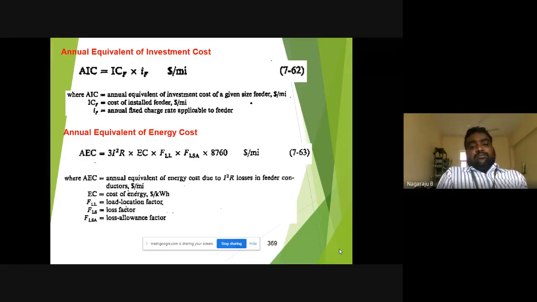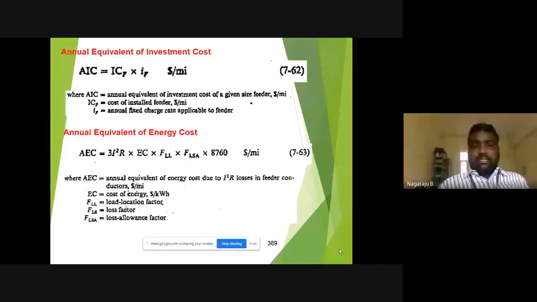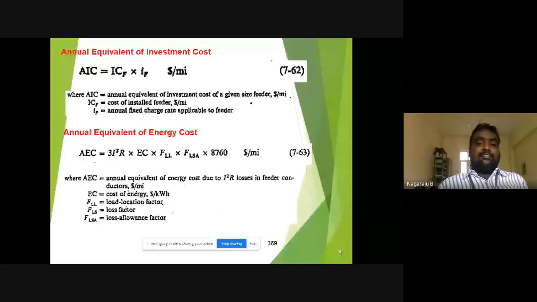So it is the three conductors, 3 into I square R, that is the power loss, into the cost of energy, which depends on the various tariff ratings, and the load location factor as mentioned in the previous class, into the loss factor and the loss allocation factor.